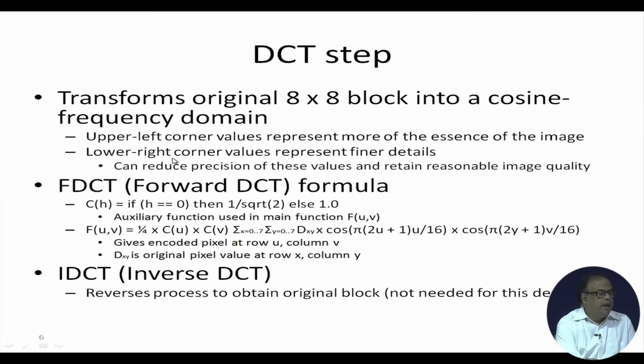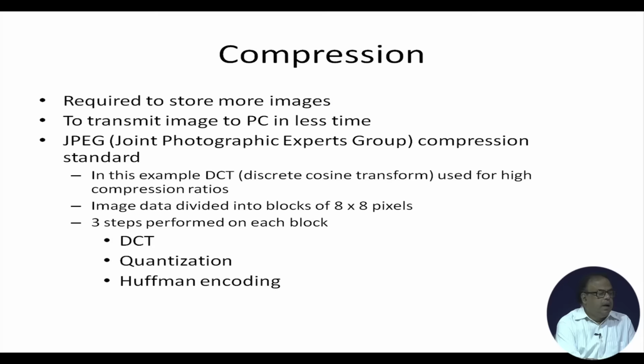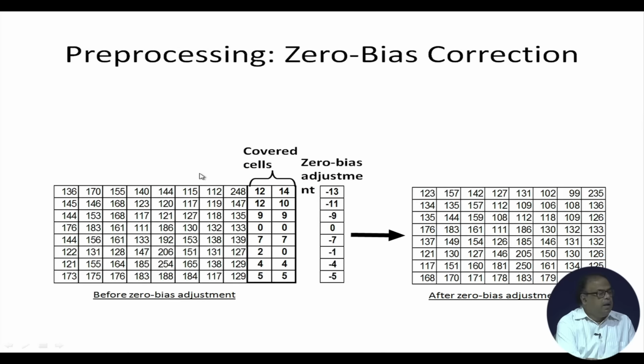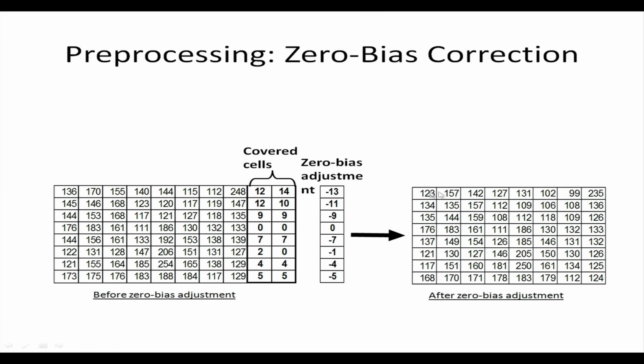So, once again I go back. I start with capturing the CCD, I capture the image, this will be some distribution of intensity values, then I correct them with gamma correction. So, I get a corrected distribution of intensity values here.